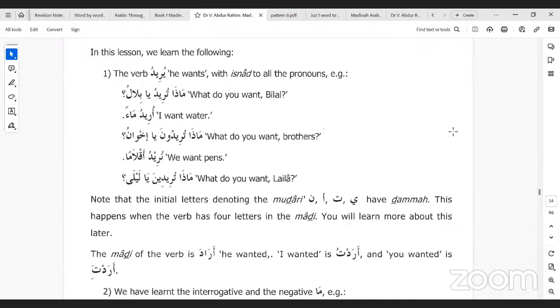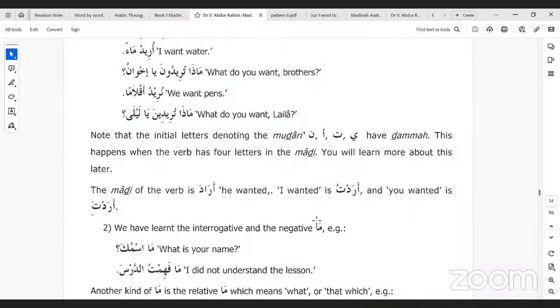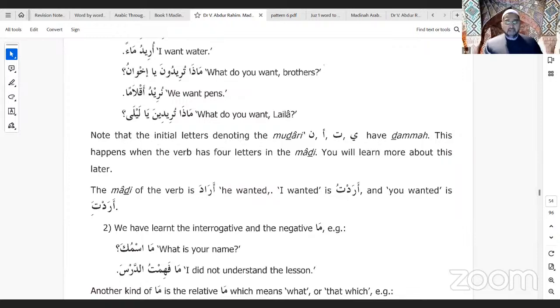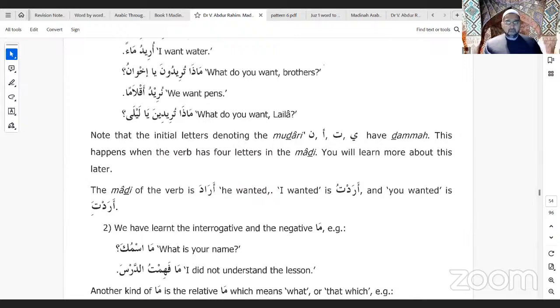The madhi of the verb arada, he wanted. I wanted is aradtu. And you wanted is aradti. Can you conjugate the past tense of arada, or do you need help? You want the madhi? Yes, please. Okay.